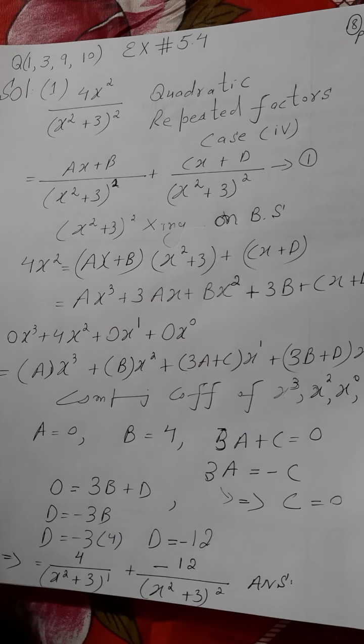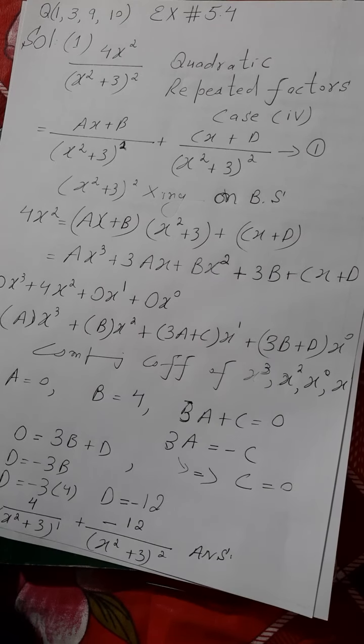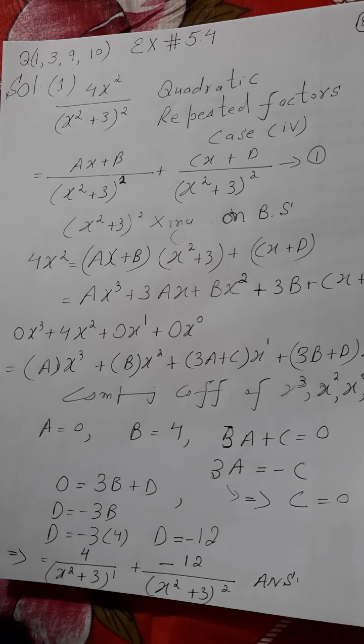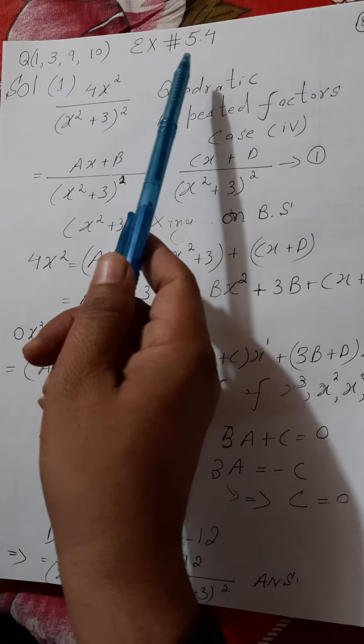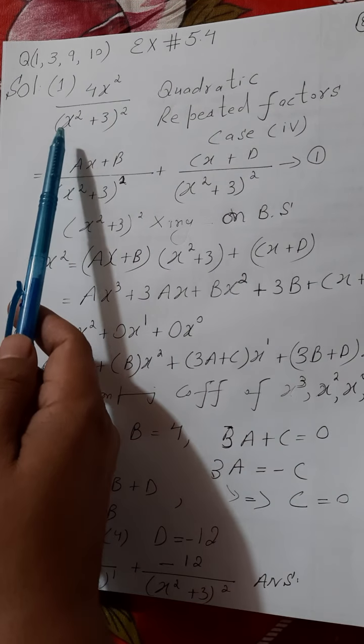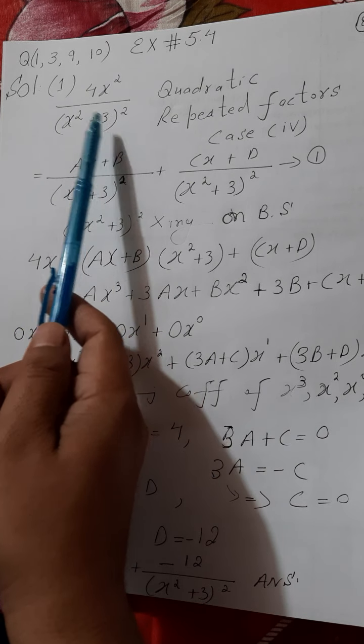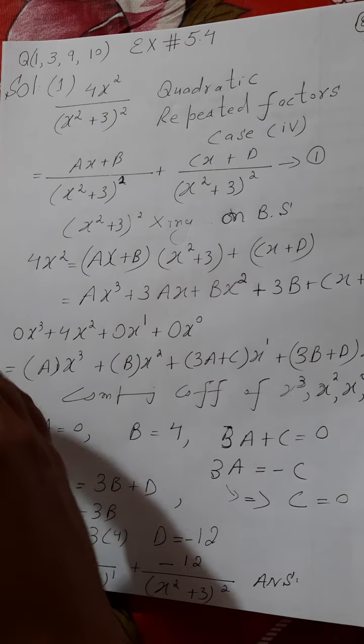Bismillahirrahmanirrahim. Dear students, now we will discuss the final case, quadratic repeated factors, case 4. If the quadratic factors are repeated, like question number 1 of exercise 5.4, x square plus 1, this is quadratic, and raised to power 2, it means that it is repeated twice.